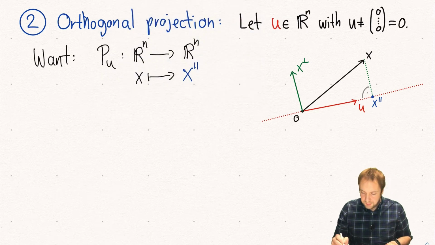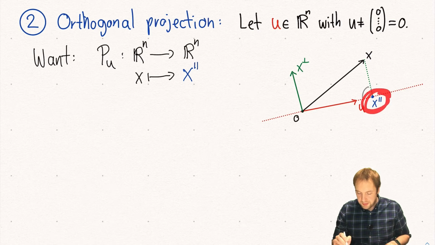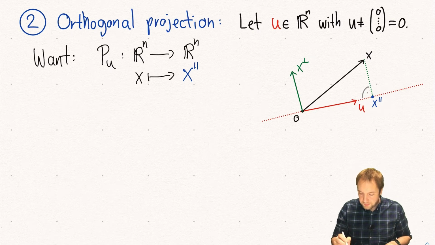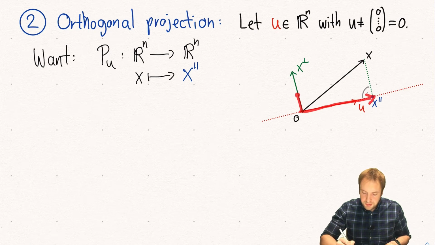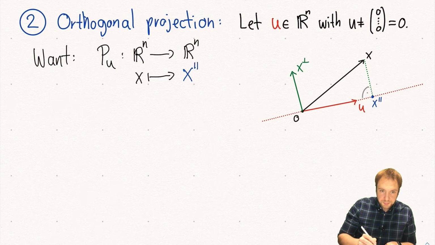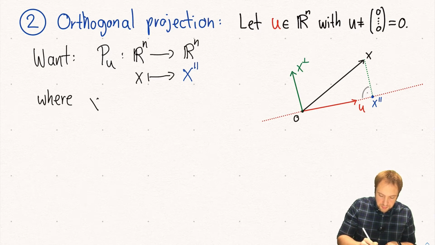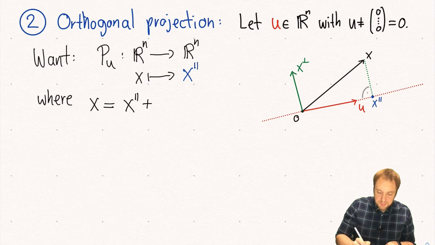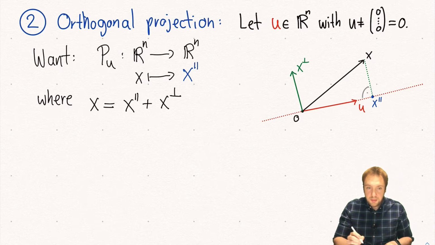And so what is the condition on this thing here? First of all, notice that the sum of this x parallel and this x orthogonal gives x. So the condition is that x is given by x parallel plus x orthogonal.